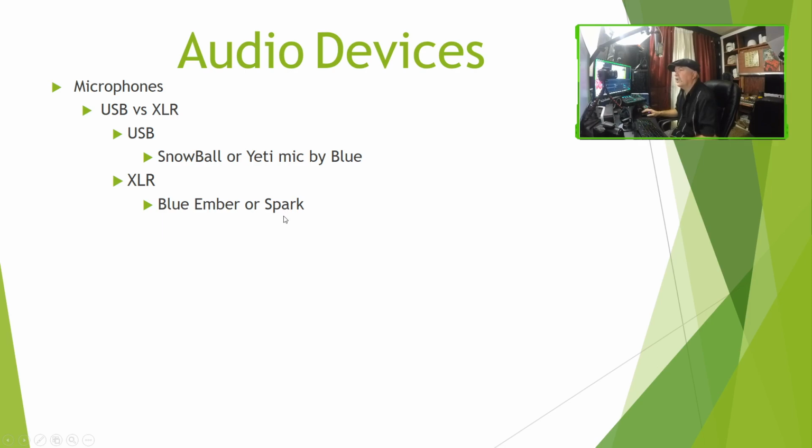I see all the big YouTubers and streamers that basically use Sparks, and I'm kind of interested. The one that seems to be replacing Blue Ember and Spark is by a company called Rhodes, and Rhodes microphone is making a huge dent. I don't know if they've been around forever. I'm generally not an audio guy, but they're making massive impacts in the streaming market.